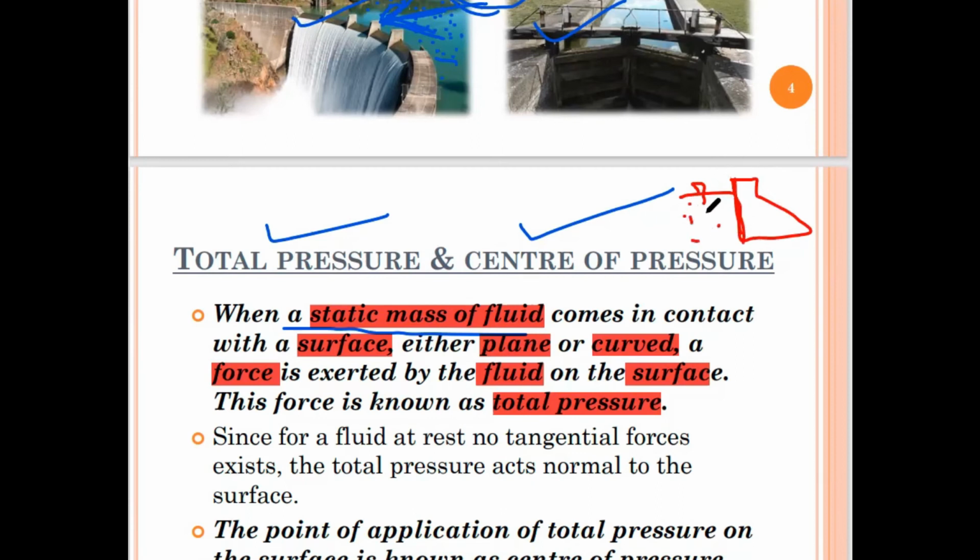When the static mass of fluid, meaning the water stored behind the dam, which is stationary water, comes in contact with this surface, that is the dam, a force is exerted by that fluid. That force is known as the total pressure.